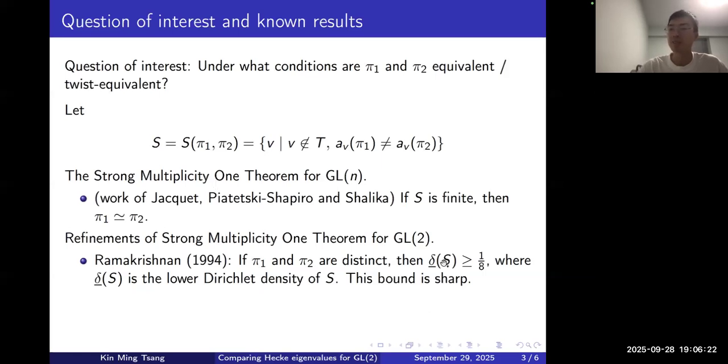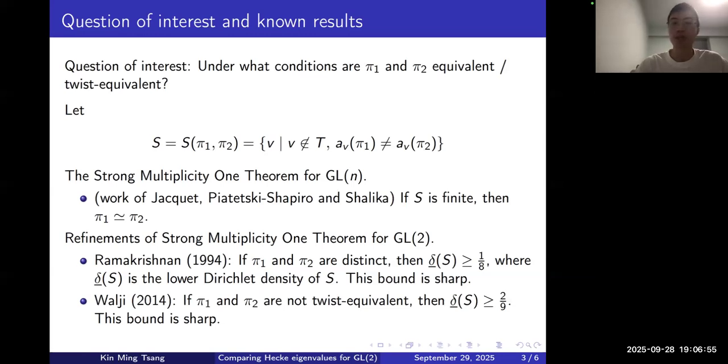Why is this a refinement of the previous result? We consider the contrapositive of this statement. If the lower Dirichlet density is strictly less than 1/8, then the two representations π1 and π2 are equivalent. Notice that if the set S is finite, then we have the density to be 0.